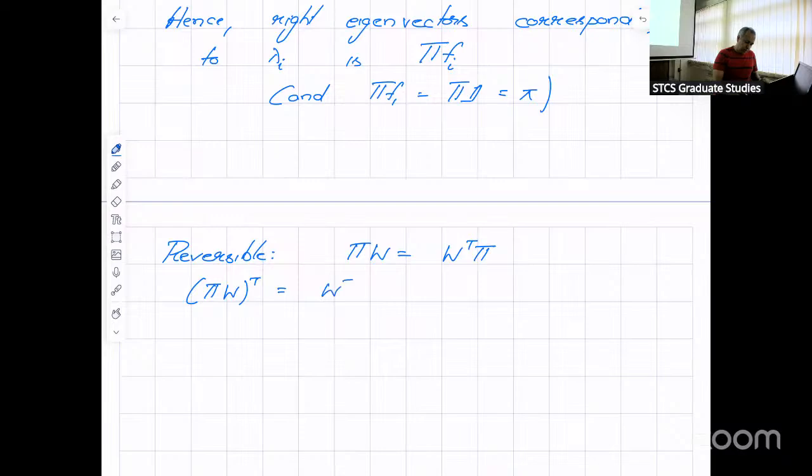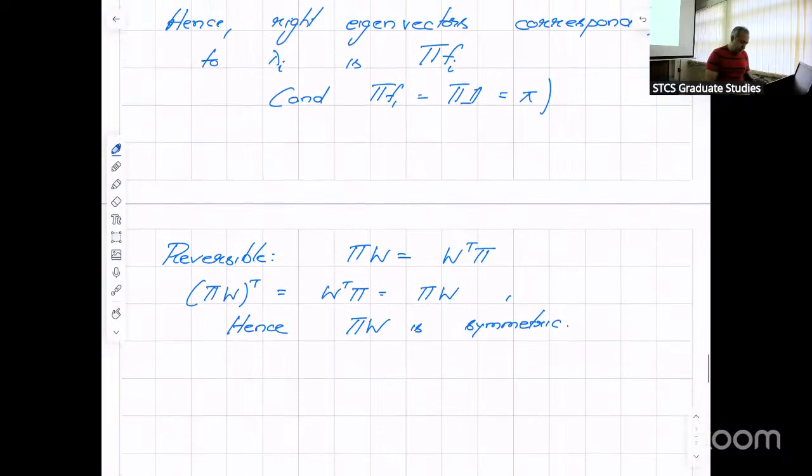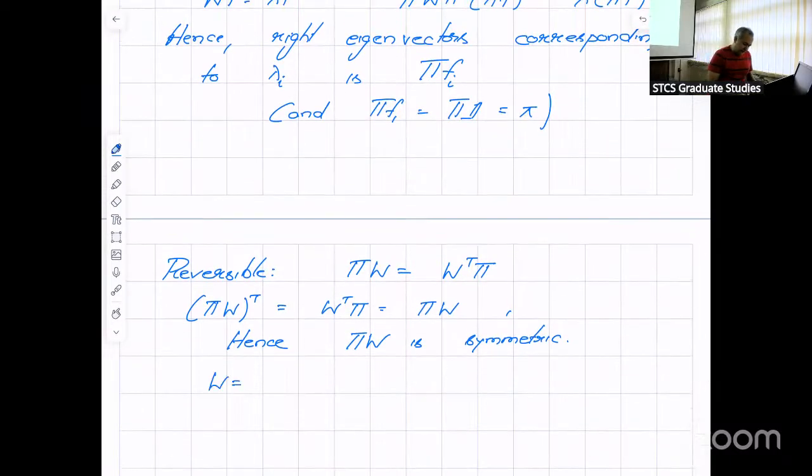This is W transpose pi, which is pi W. So even though W is not a symmetric matrix, pi W is a symmetric matrix. Hence pi W is symmetric. Notice W is just pi inverse times pi W.